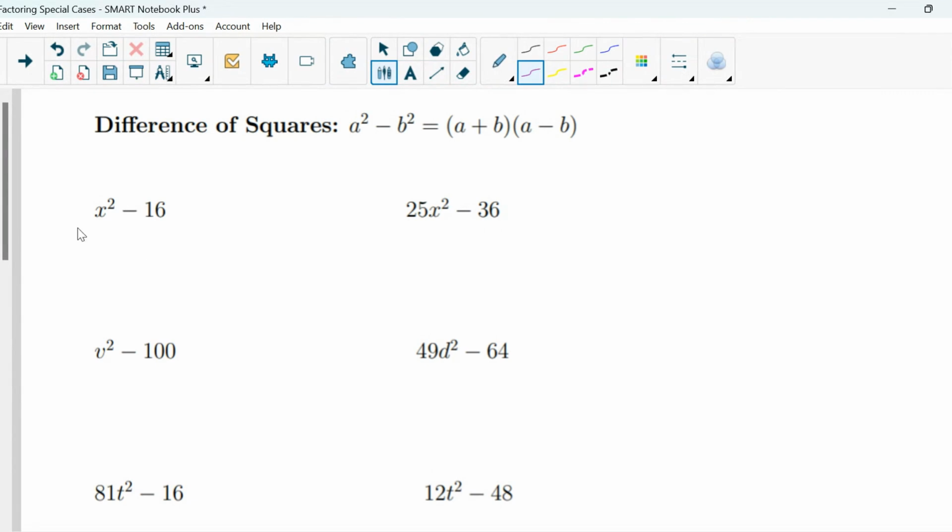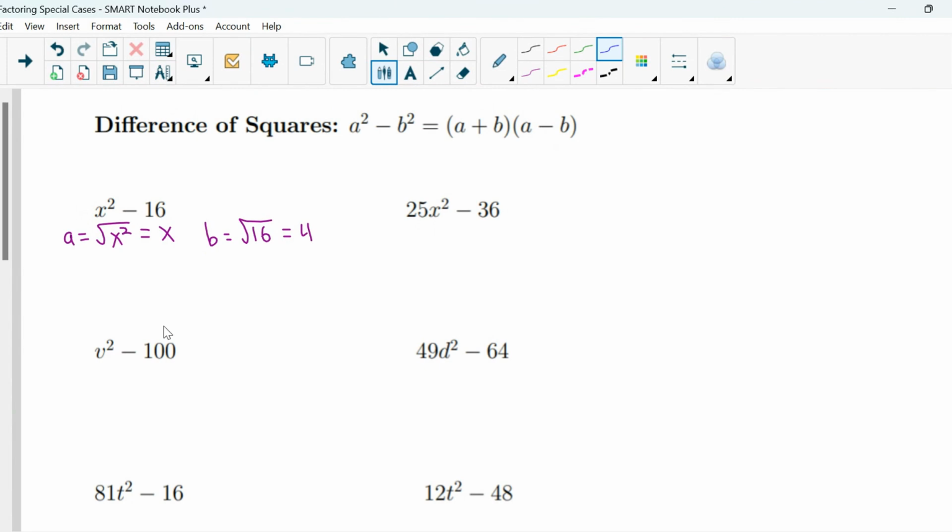So on our first example here, I have a, which is the square root of my first term. So the square root of x squared, which is just x. And I have b, which is the square root of my last term. So the square root of 16, which is just 4. It's important to mention, don't take the square root of your middle sign.